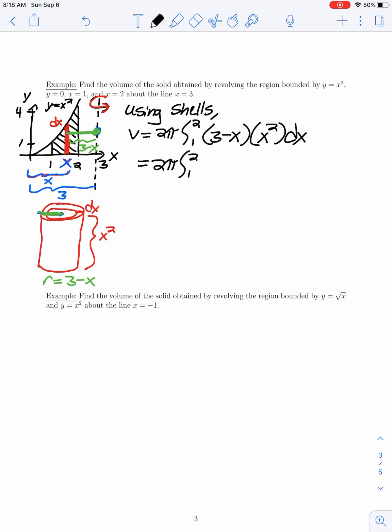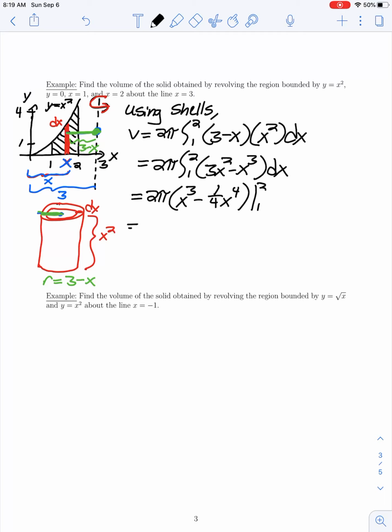So we have 2 pi times the integral from 1 to 2 of 3x squared minus x cubed dx. So for an antiderivative, we have 2 pi times x cubed minus 1/4 x to the 4th, which we're evaluating from 1 to 2.